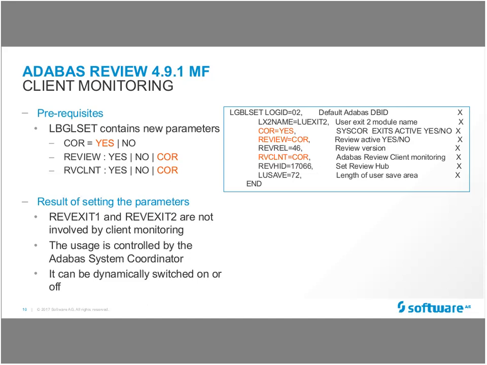So actually it's like you say no. However, the benefit is that we still are able to switch it on and off, and we will see a bit later. So we use the Adabas System Coordinator because it provides the functionality we need, and for all of you who run, for example, FastPath or Vista or Transaction Manager, you already know how to work with it. And now we can switch it dynamically, and you will see how it looks like.